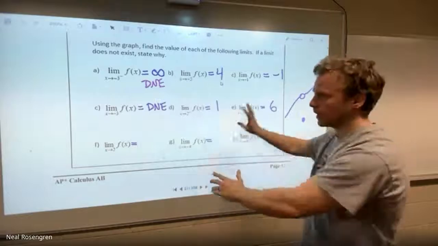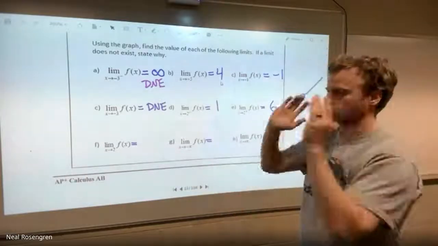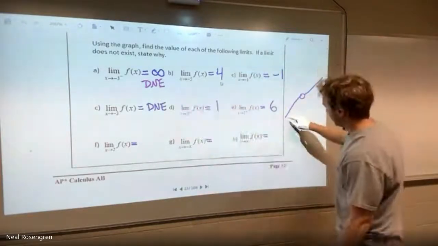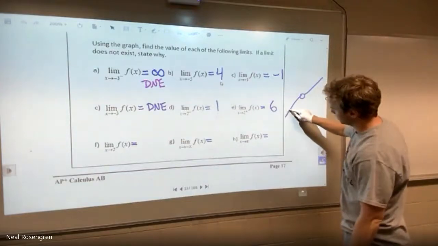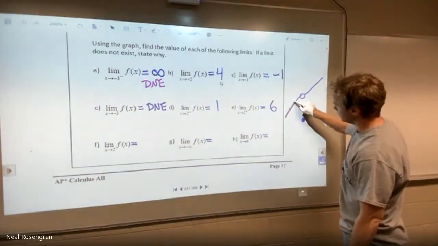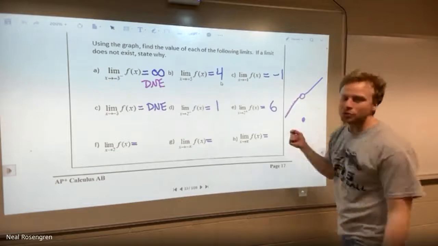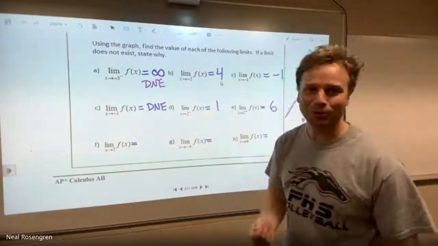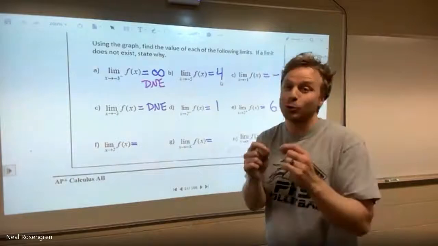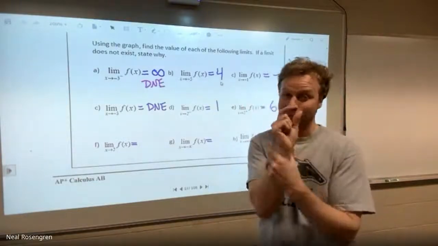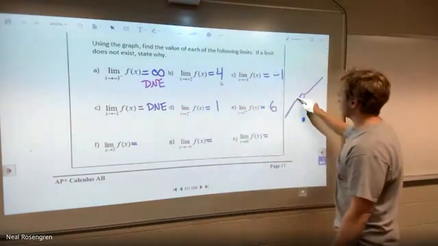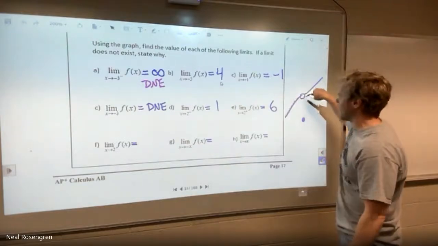I don't look left or right or down or up. I just look along the path that I'm taking. And the closer I get, the smaller the steps I take, infinitesimally tiny little steps. What am I getting closer and closer to? Well, I'm getting closer and closer to whatever that is right there.